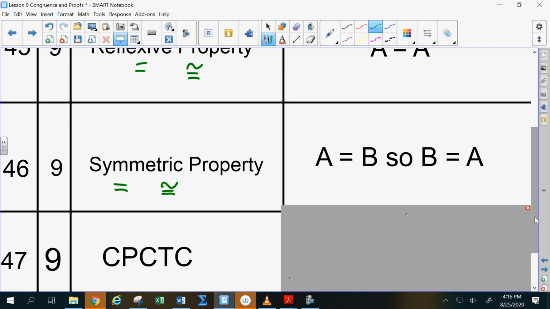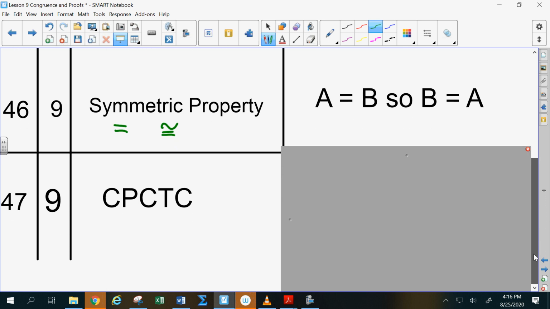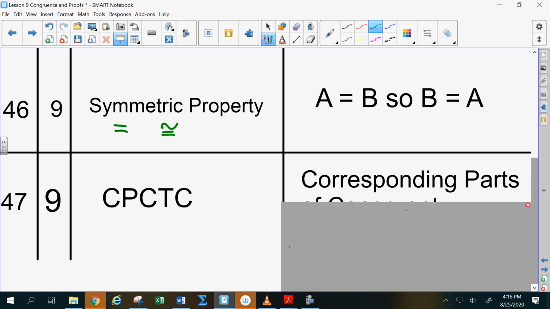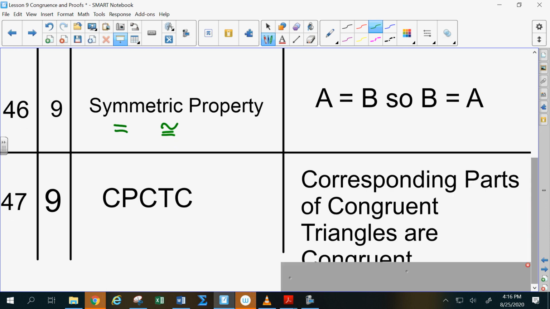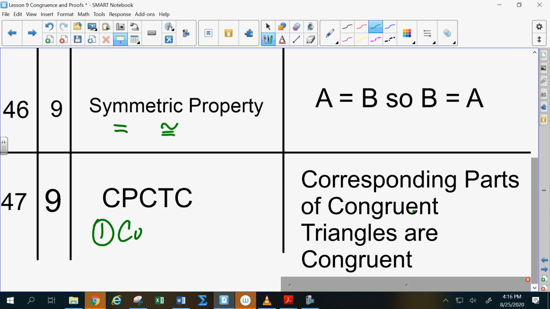And then the other part of a kind of an alphabet soup that we gave you last spring, CPCTC, says corresponding parts of congruent triangles are congruent. So before you can have parts of congruent triangles, you first have to prove congruent triangles. So somewhere in your proof, you have to say that the triangles are congruent.